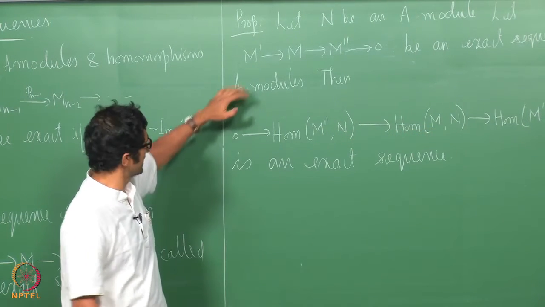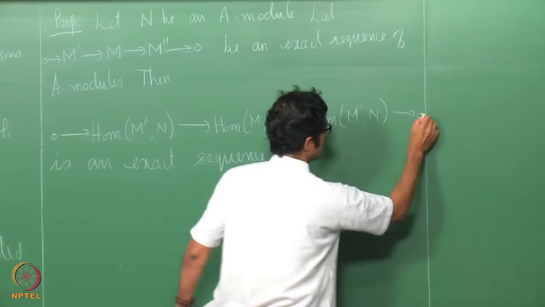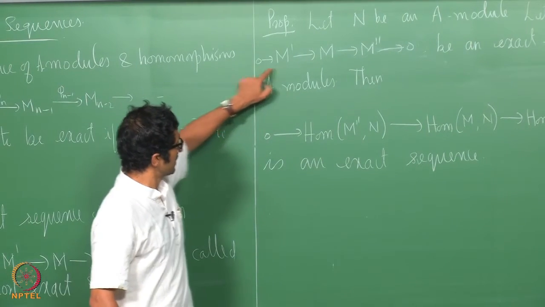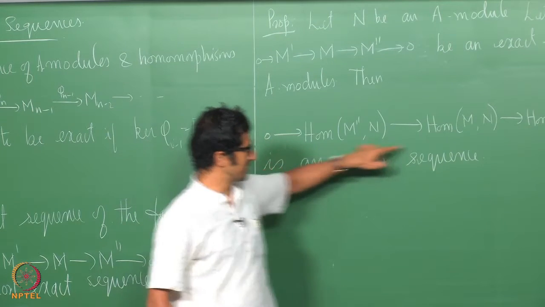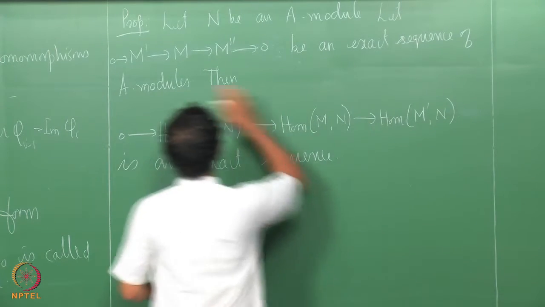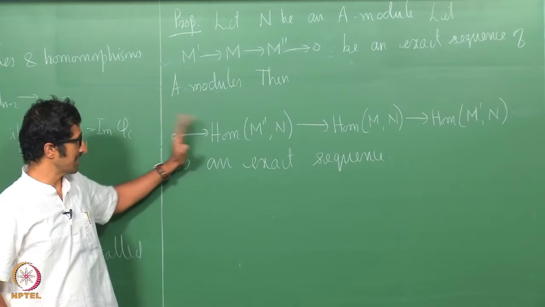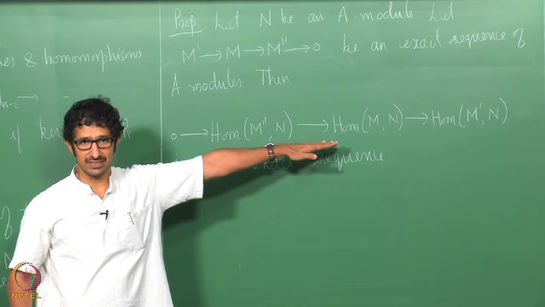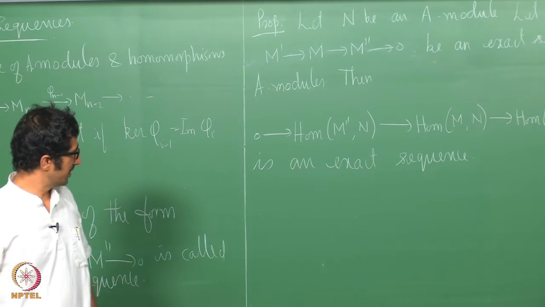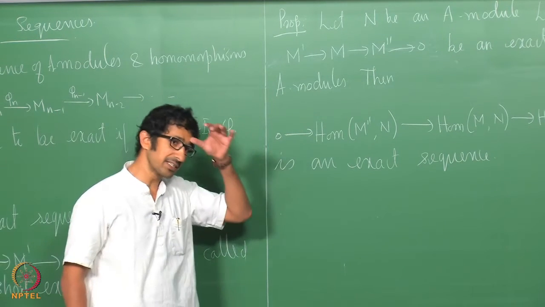So even if I have a short exact sequence, this need not be a short exact sequence, but I have exactness at the left side. When you apply Hom, this injectivity is always there. So that is what is known as left exactness of Hom functor. Hom functor is left exact.